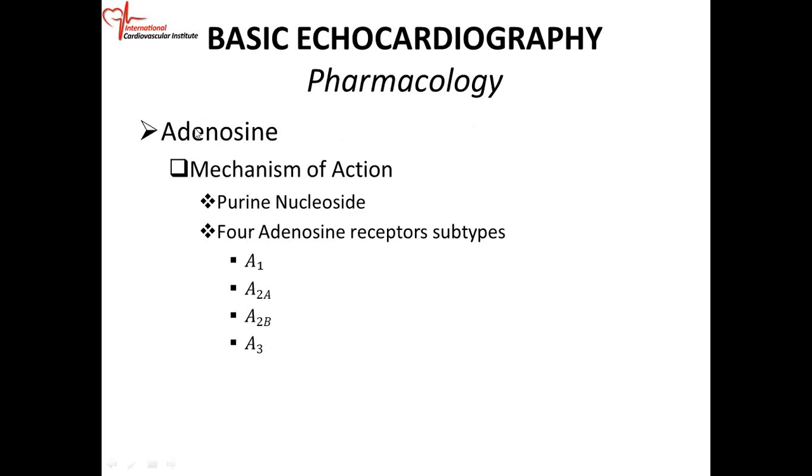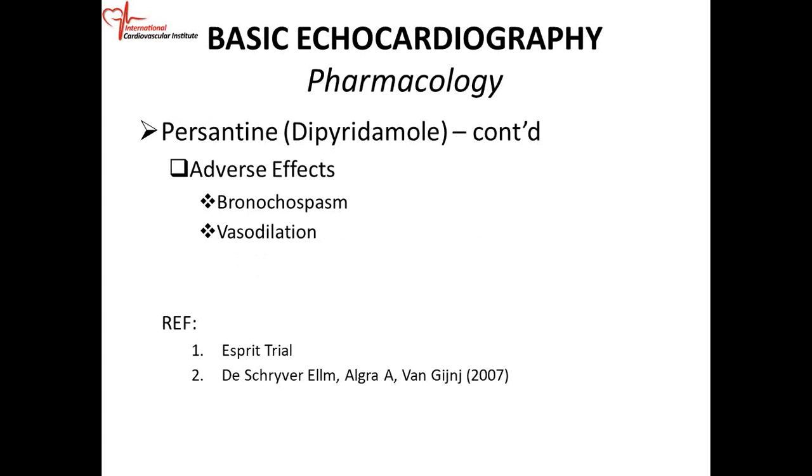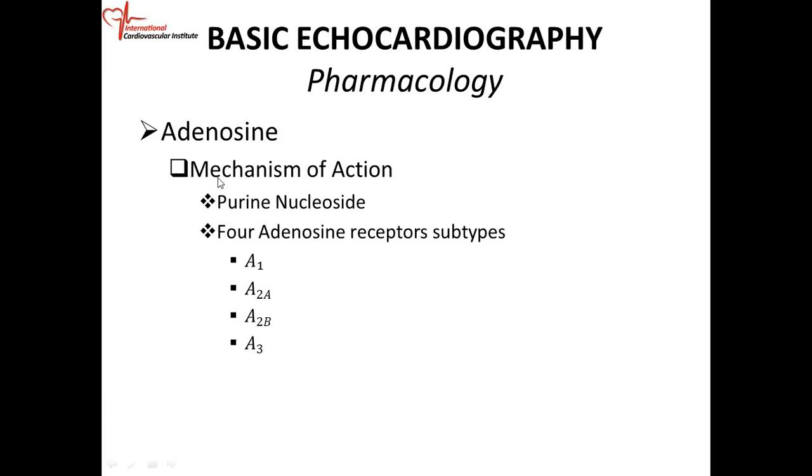So you can get significant bradycardia and heart block with persantin, and this may last a little long. But if you use adenosine, these effects are very short-lived because the duration of action of adenosine is a few seconds.